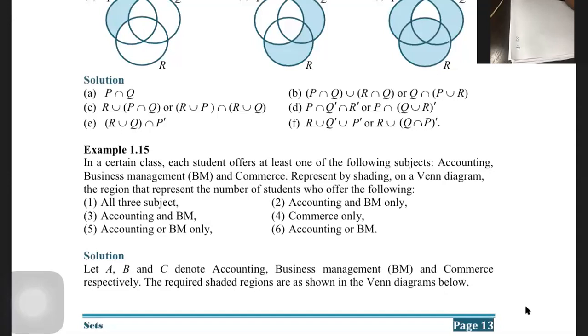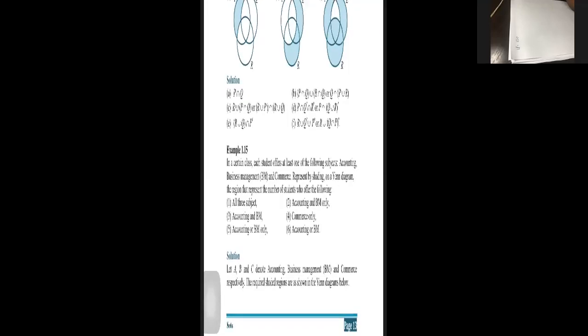Represent by shading on a Venn diagram the region that represents the number of students who offer the following. 1, all 3 subjects. 2, accounting and BM only. 3, accounting and BM. So there's a difference between the only and the general one.